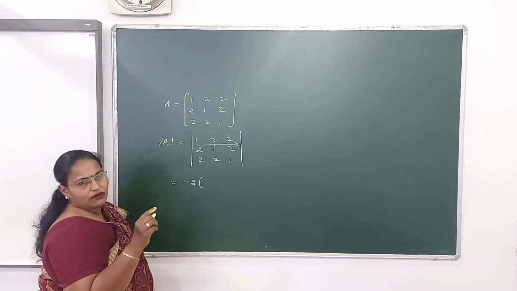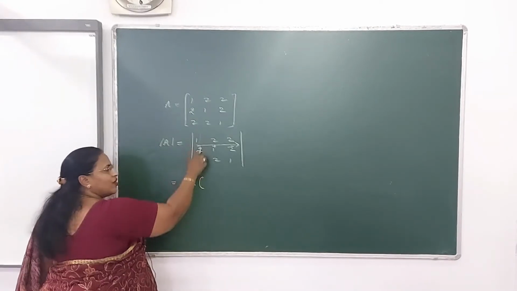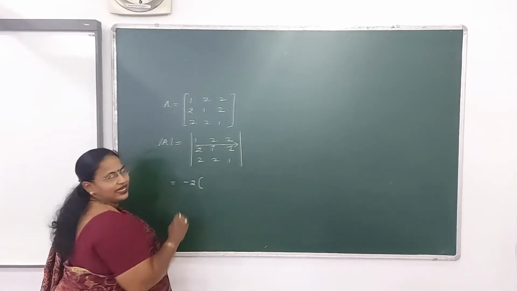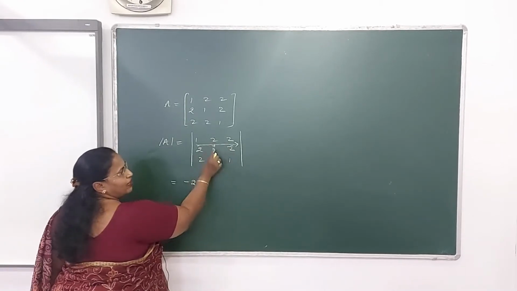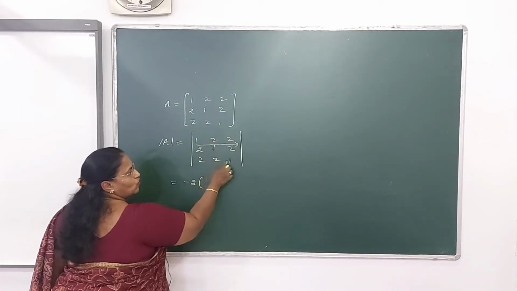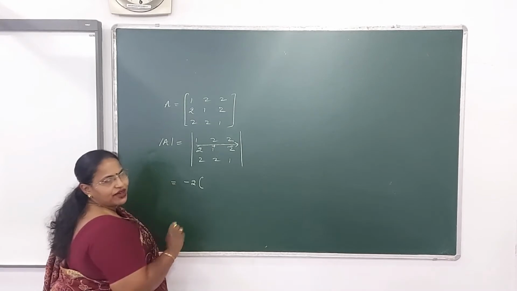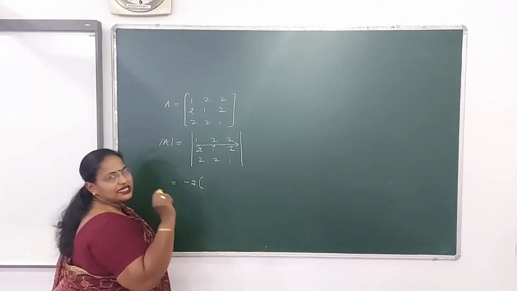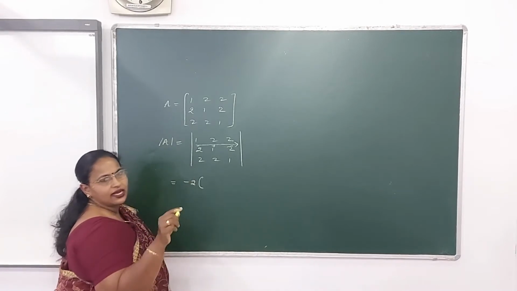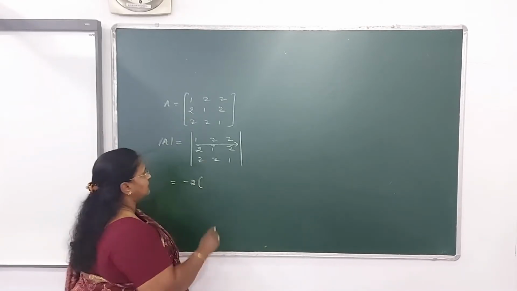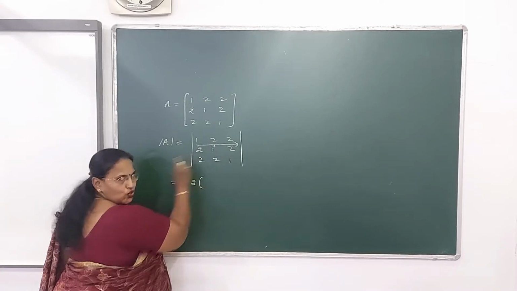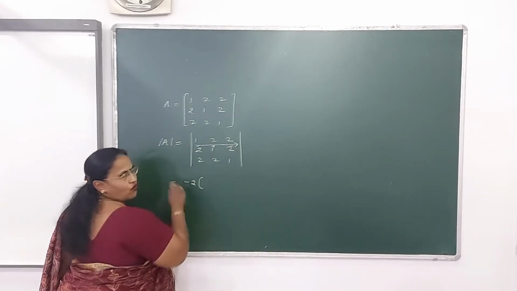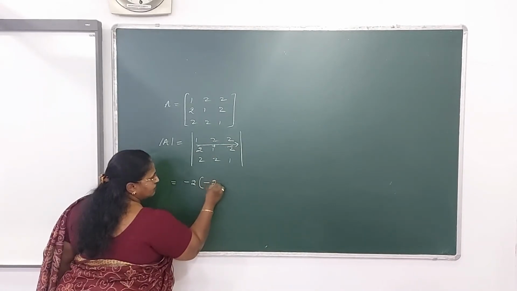Delete the row and the column where the element lies. So the first column and the second row you delete. Now you are finding 4 elements here, 2, 2, 2, 1. Get the determinant value of this. Now how to solve a determinant of order 2? It's simply product of diagonal minus product of the other diagonal elements. So it's 2 into 1, 2 minus 4. So that results in minus 2.